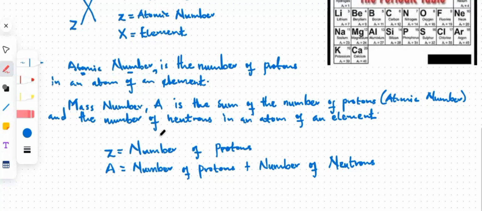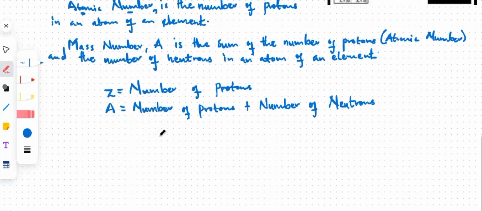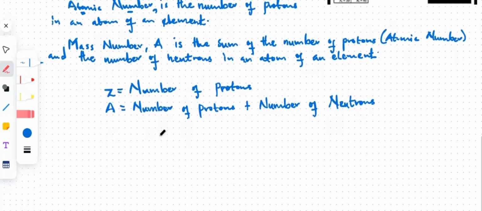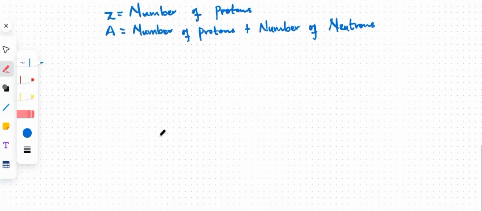So let's see a use case. Let's look at one example. For example, they can give you a table. So we have an atom.